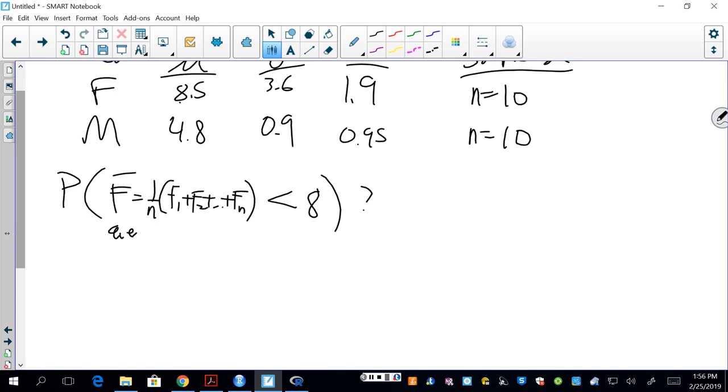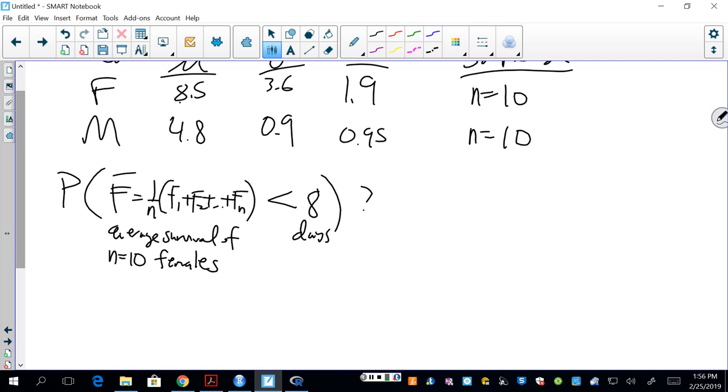So average survival of n equals 10 females. And this is the chance that the average survival is less than 8 days if the population of individuals had an average of 8.5 and a standard deviation of 1.9.